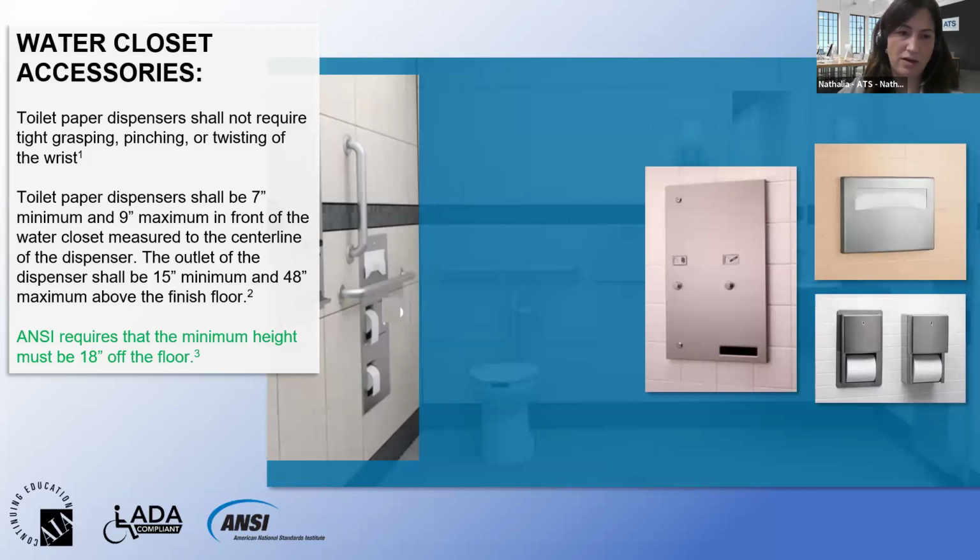And as we also have here in the code, to operate these accessories, it should not require tight grasping, pinching, or twisting of the wrist. And as I mentioned before, A and C requires that the minimum height of accessories should be 18 inches of the finished floor.